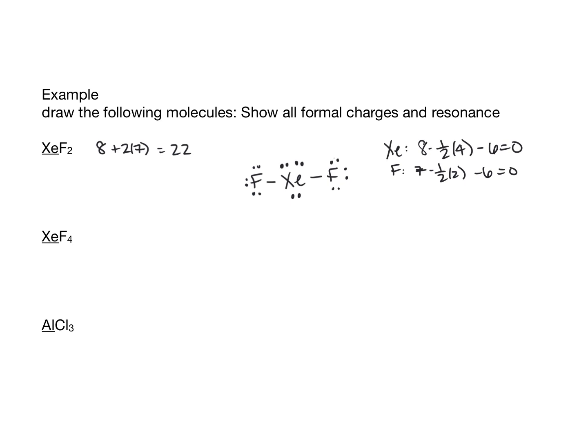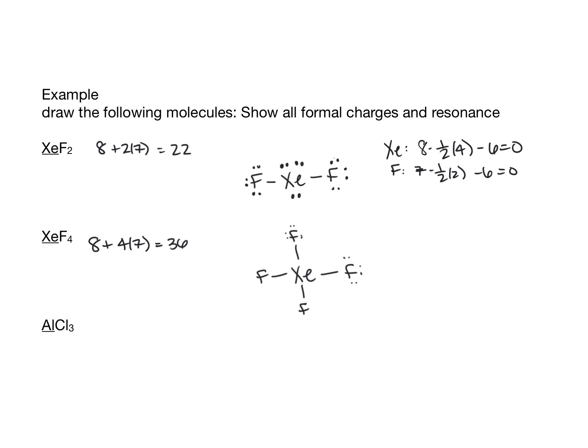So let's see what happens if we add 2 more fluorines. We have 8 plus 4 times 7, and that equals 36 valence electrons. We'll put our xenon in the center and add our 4 fluorines.